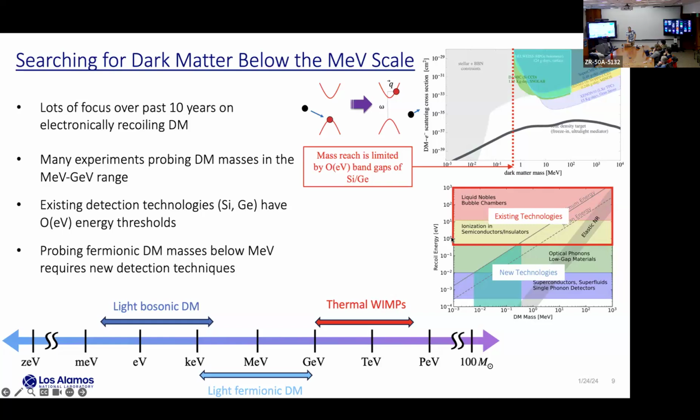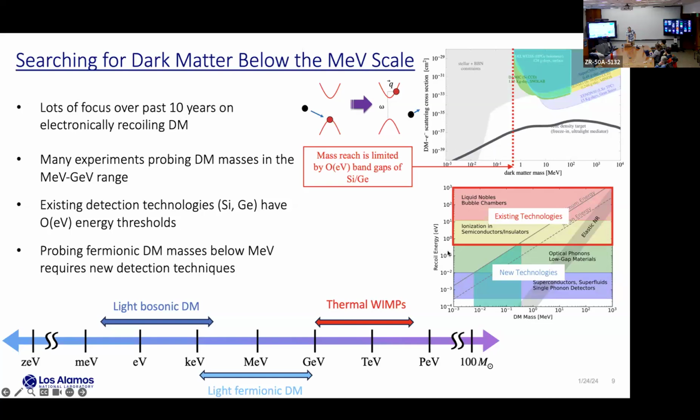At the eV to 10 eV range, we're talking ionization detectors using common insulators and semiconductors like diamond, sapphire, silicon, germanium. And that's right where it intersects with about the MeV range where we want to go.